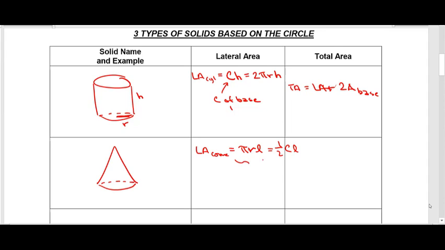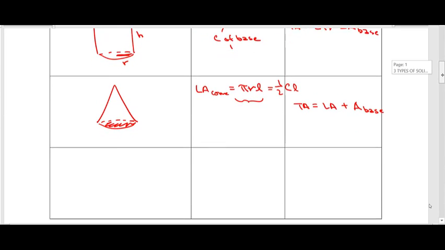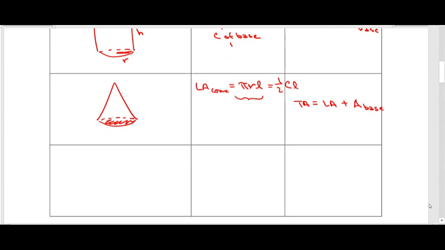I like to remember this one by saying Pearl. The total surface area will just be the lateral area plus the area of just one base, since this one only has one base. The third type of figure that we're doing in this section is a sphere.